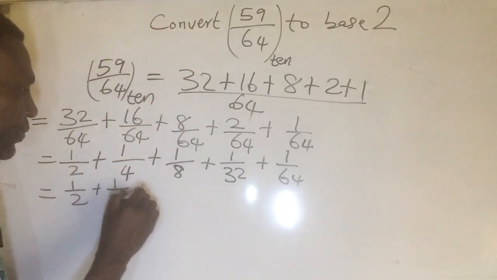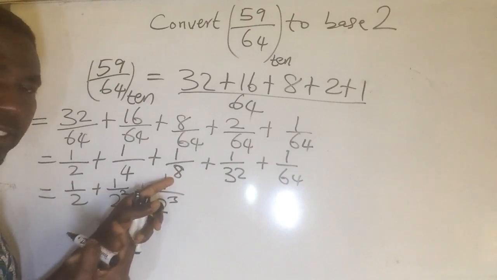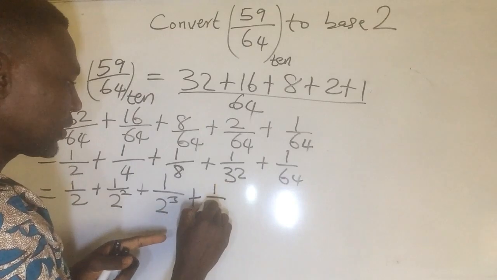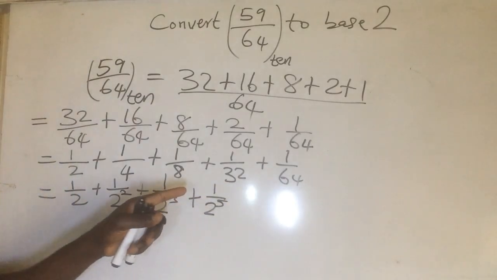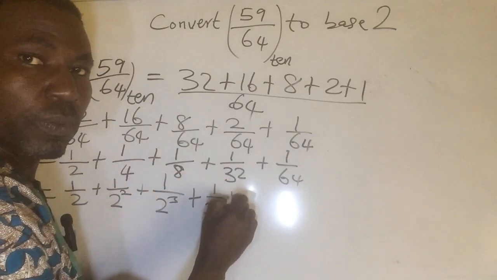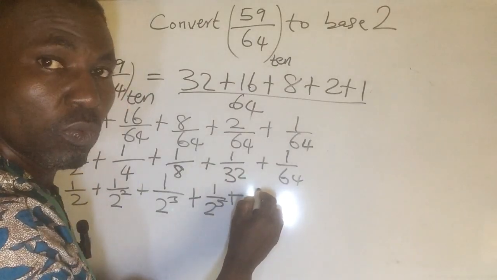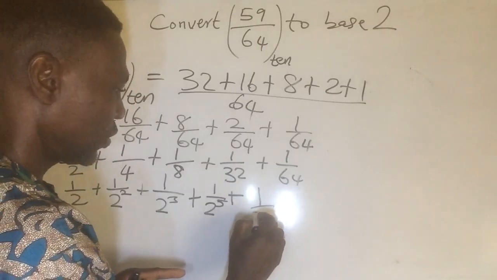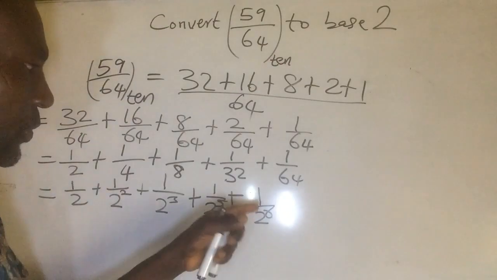So we continue. 1 over 2 raised to power 3, which will still give us 8, plus 1 over 2 raised to power 5, which will give us 32, plus 1 over 2 raised to power 6, which will still give us 64.